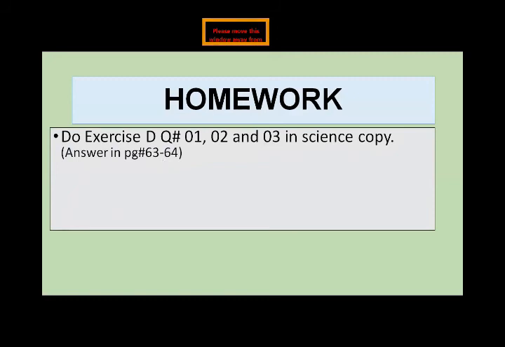What is question number 1? What do you understand by physical change? Give 3 examples of physical changes taking place in your environment. You can see the answer on page number 64, and I will also share the slide.